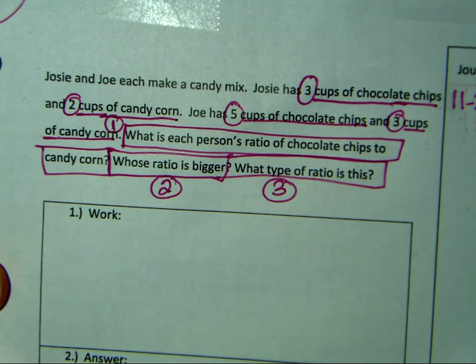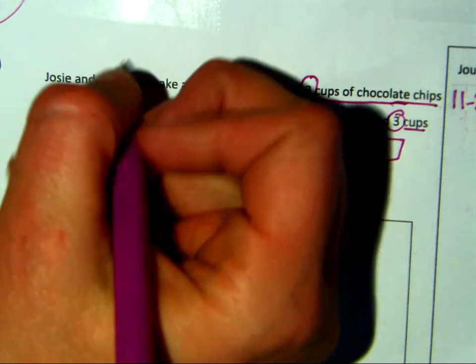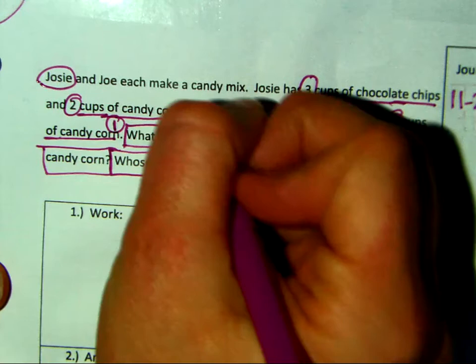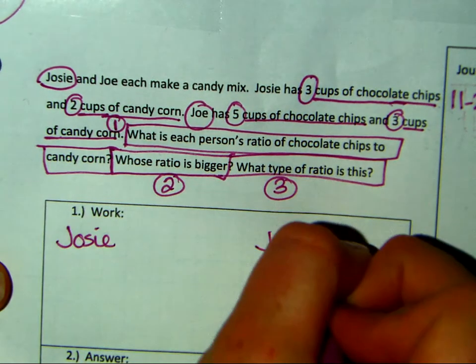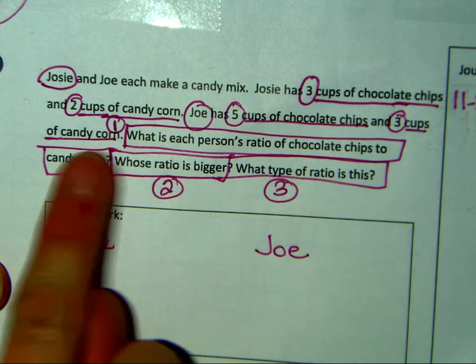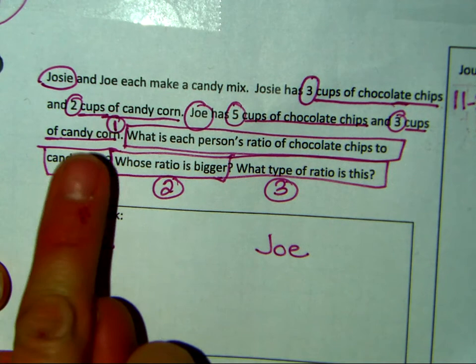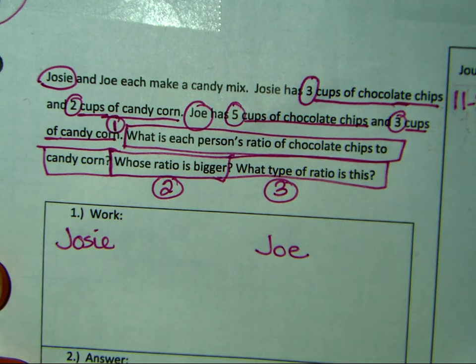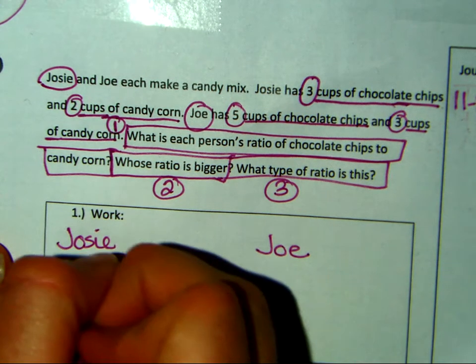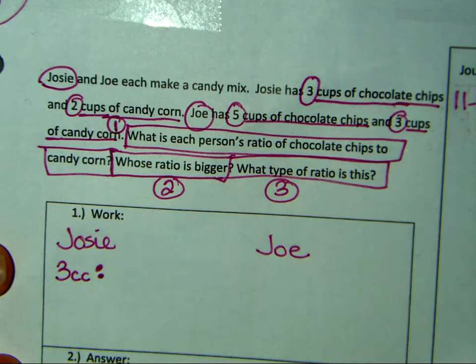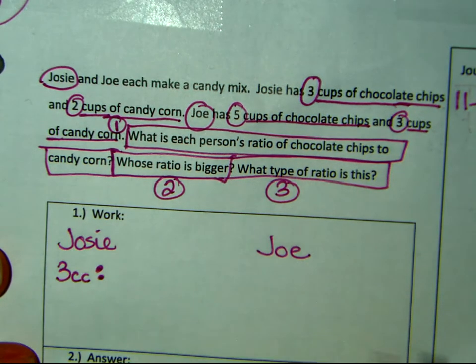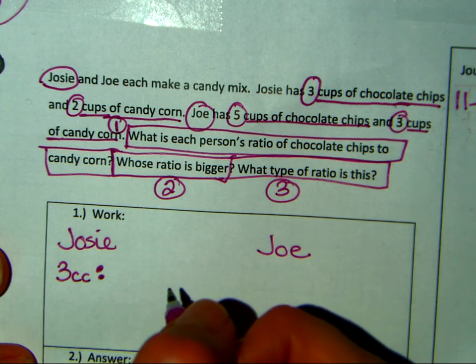The first thing it says is, what is each person's ratio of chocolate chips to candy corn? We have Josie and we have Joe, and we're doing chocolate chips to candy corn. How many cups does Josie have of chocolate chips? Daphne? 3. So 3 chocolate chips, to how many cups of candy corn?